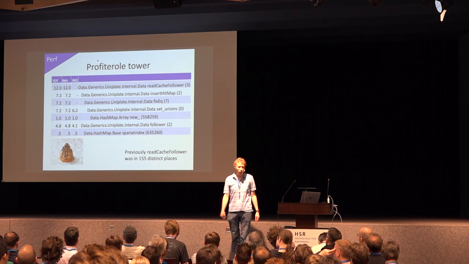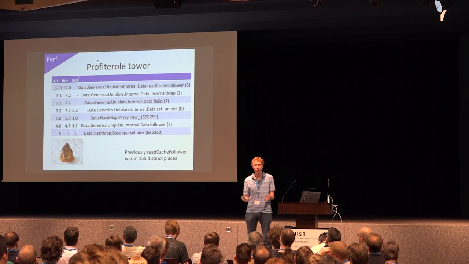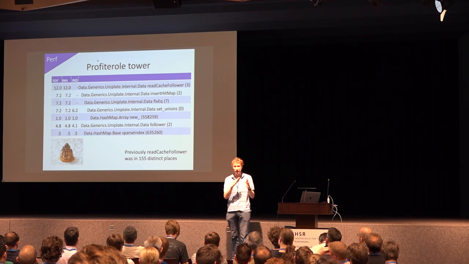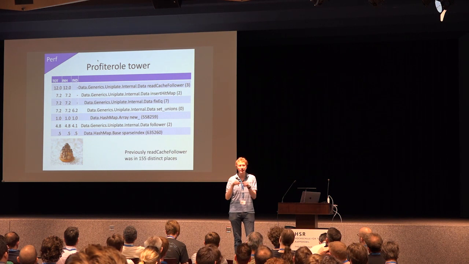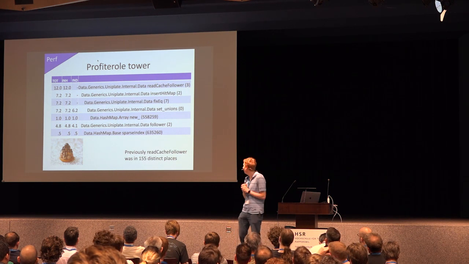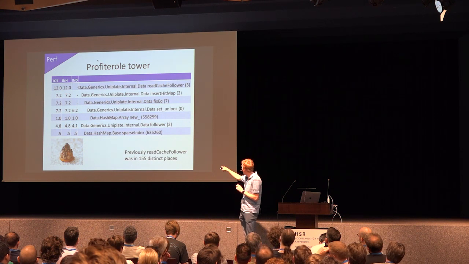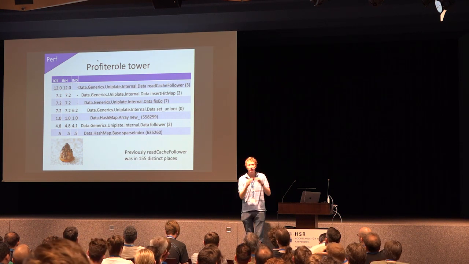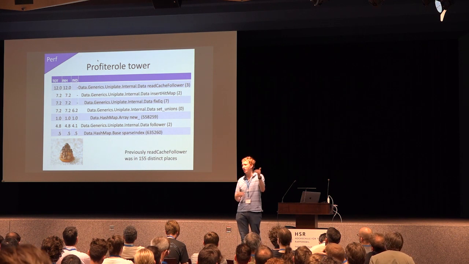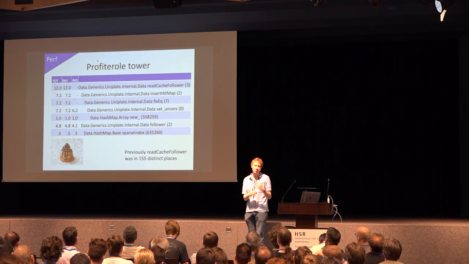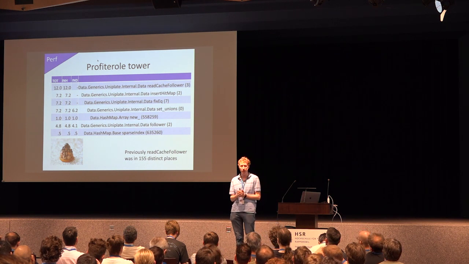And Profiterole also provides a tree view, just like GHC. The only difference is the tree views are a lot shorter, because anything with a deep root has been yanked to the top. So in a normal GHC profile, I would actually have read cache follower 155 times in those 6,000 lines, each taking up barely a fraction, something like 0.1 or 0.0.